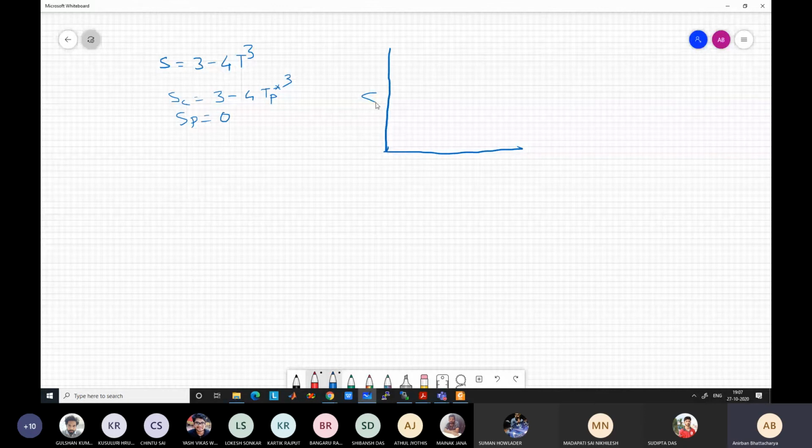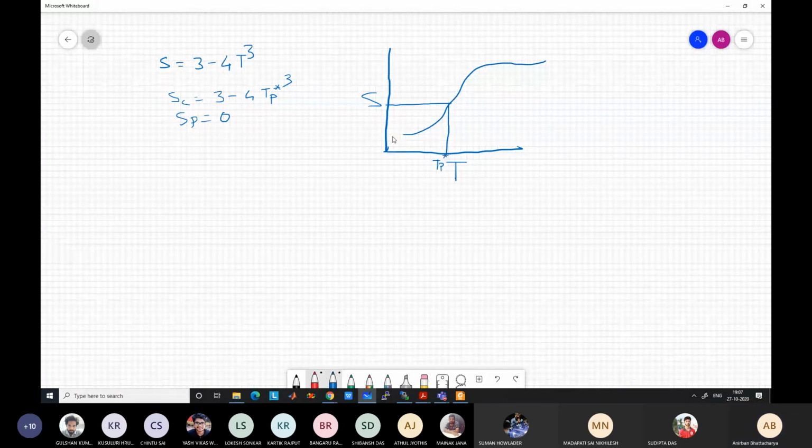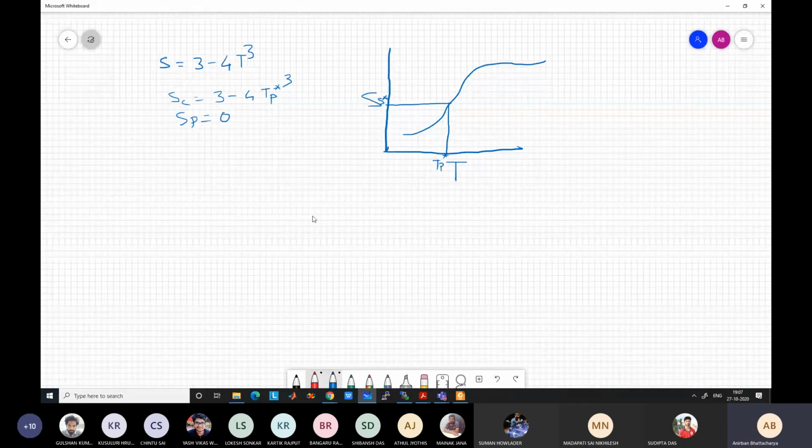Say S is some function of t, some nonlinear function of t, something like that. And at some point t star, or TP star, you have some source term value S star. This is there in the notes, you don't have to write.